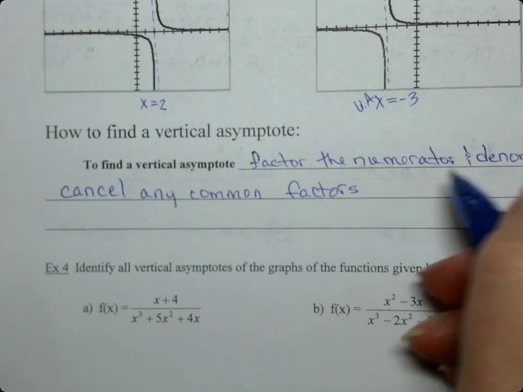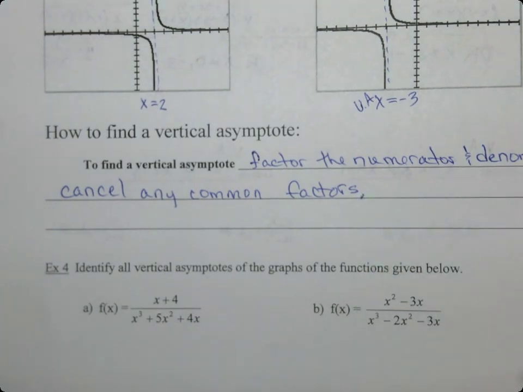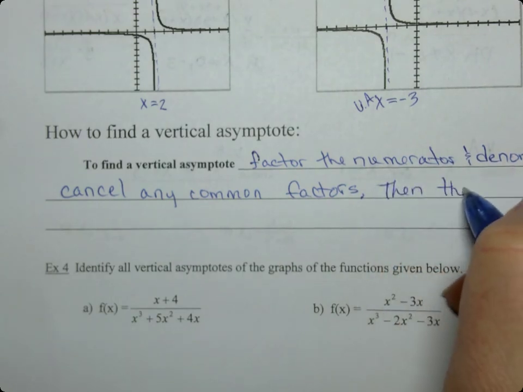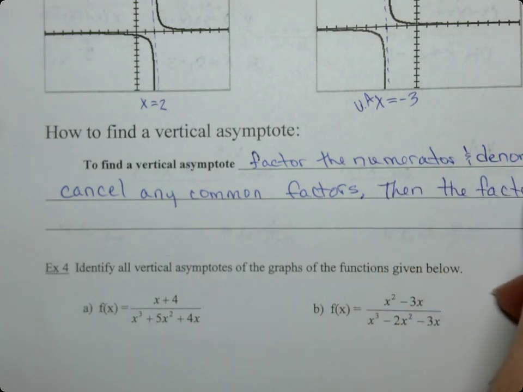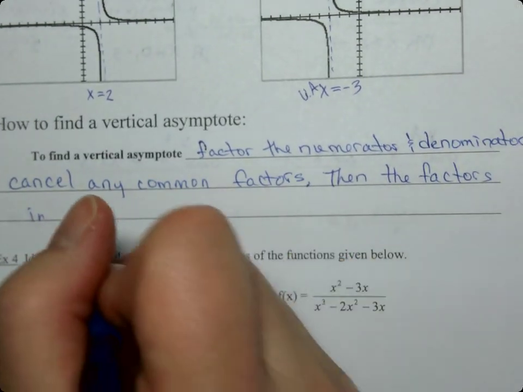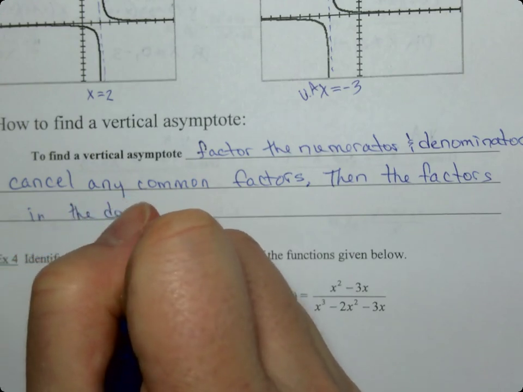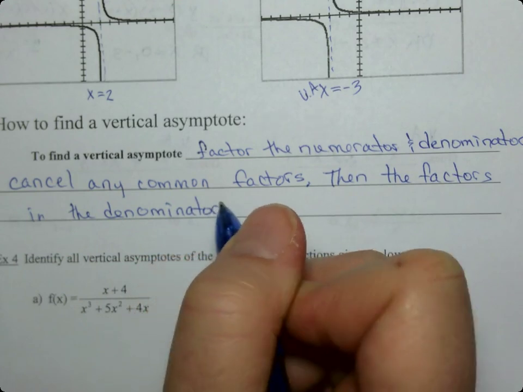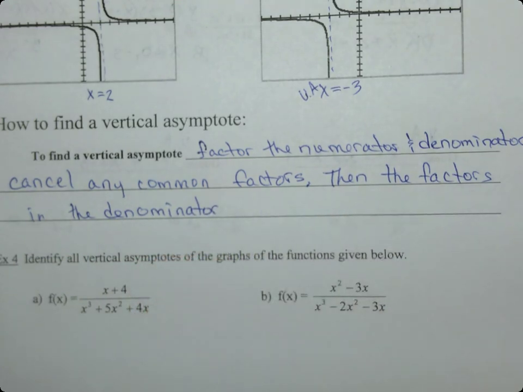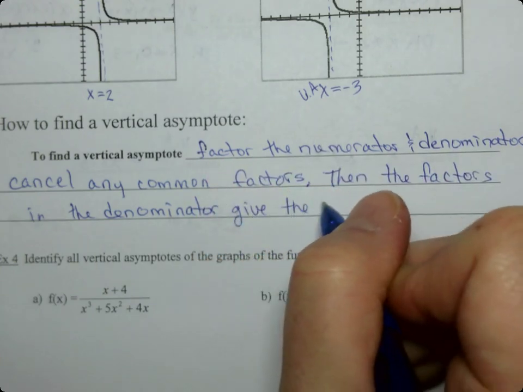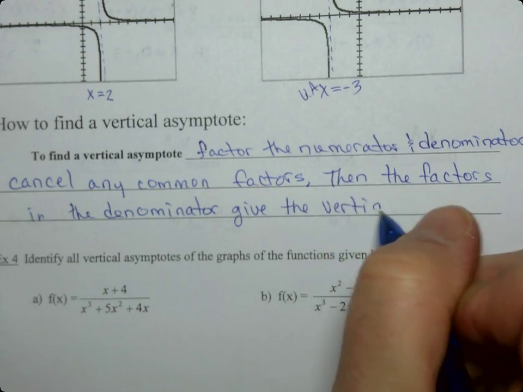Okay? Then what? The remaining factors in the denominator give the vertical asymptotes.